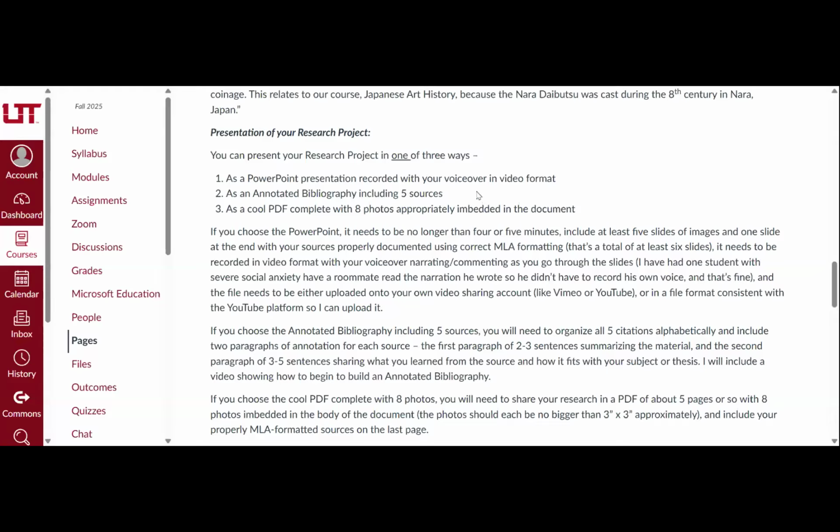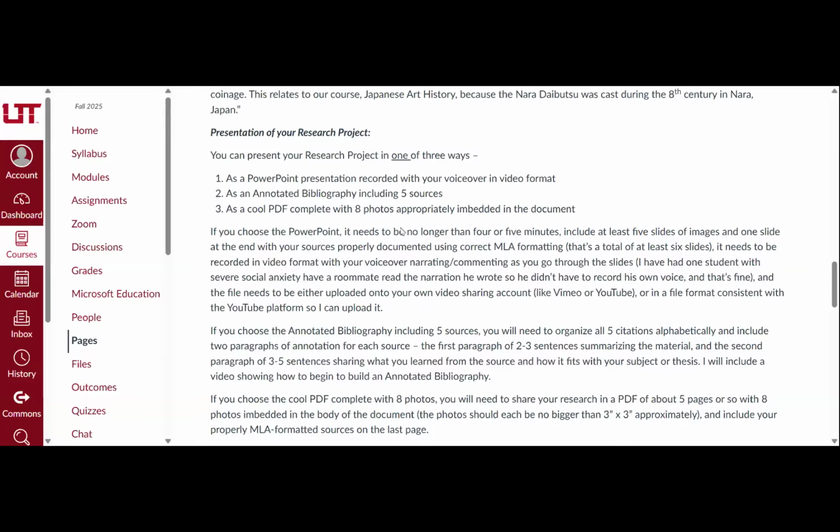For each source, you follow the MLA standard for citing it, and then you write 2 paragraphs, and a paragraph is 3 to 5 sentences. The first paragraph summarizes what you found out in that source, and the second paragraph is your reflection on what you learned. Sometimes it's really helpful to put in a 1 or 2 sentence introduction.